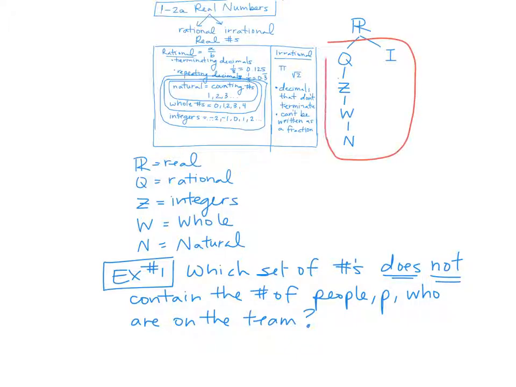Of these, my apologies. Which one doesn't contain the number of people on a team? Irrational, right? It's going to be a rational number. It's going to be something like 75 or 32. All of those fall under this column, right? So irrational cannot be, you cannot have 3.14159 blah, blah, blah, blah, people on a team, right? So irrational would not be included. Does that make sense?